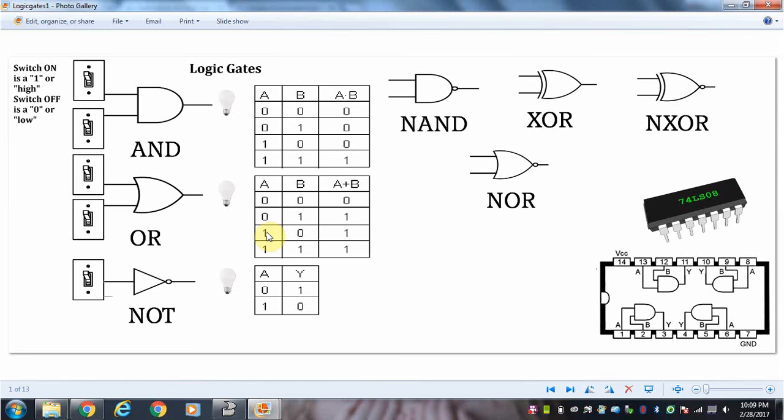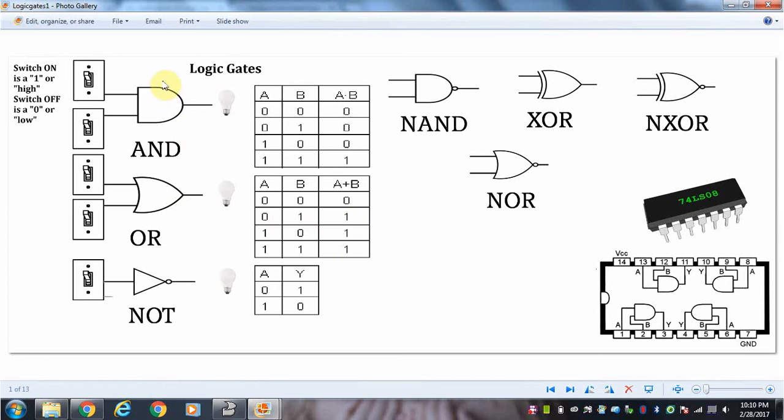If door A is open, that represents a 1. That is going to turn on the interior light of the car. If both doors are open, it will turn on the interior light. So that's the truth table for an OR logic gate.